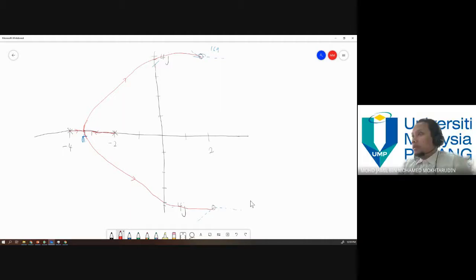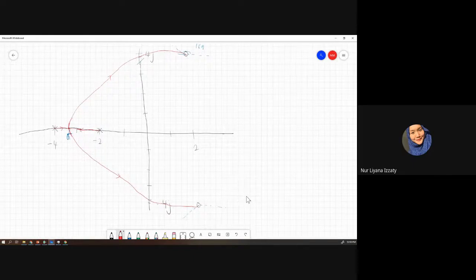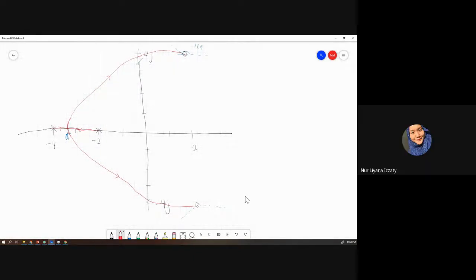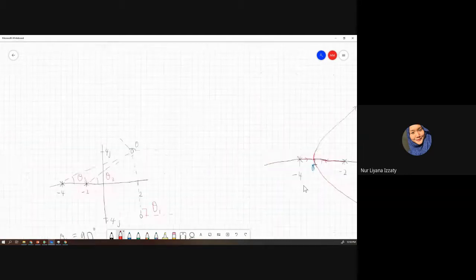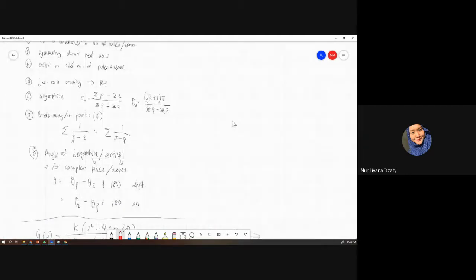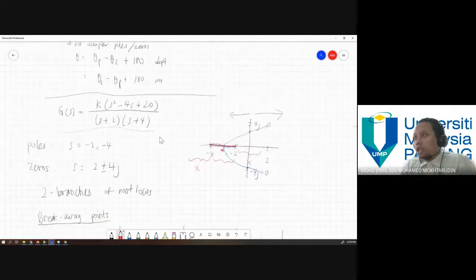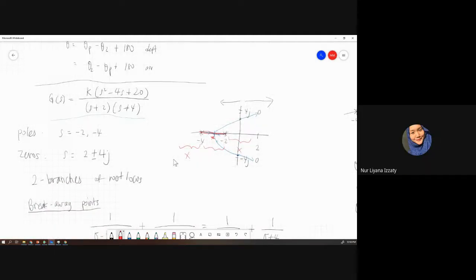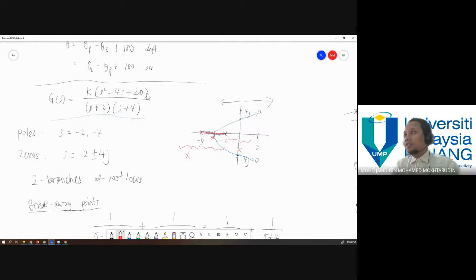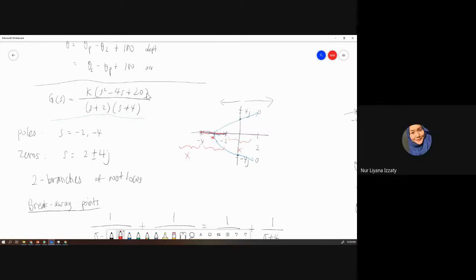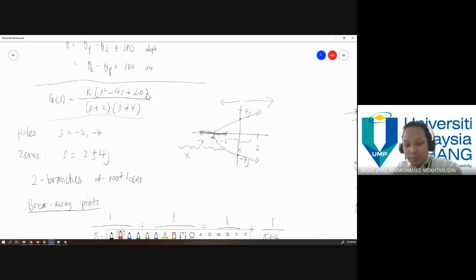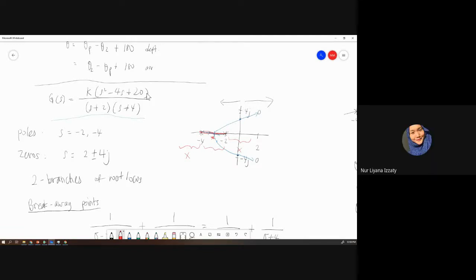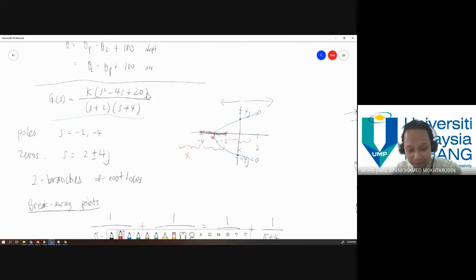Sir, nak tanya, kan mula-mula tadi kena cari poles dengan zeros kan? And kena cari pakai calculators kan sir kan? Kenapa saya tak dapat nilai sir? Macam ni saya tekan calculator tu? Mod shift 5. Mod 5 quadratic equation.